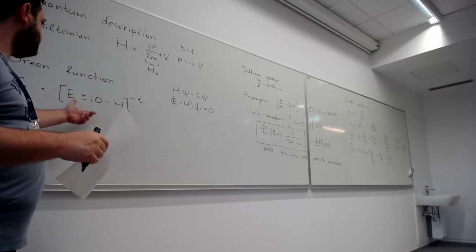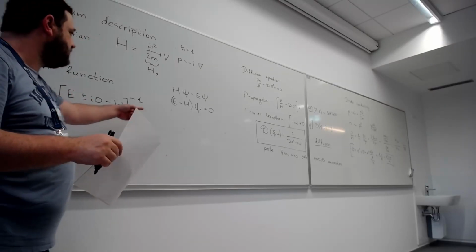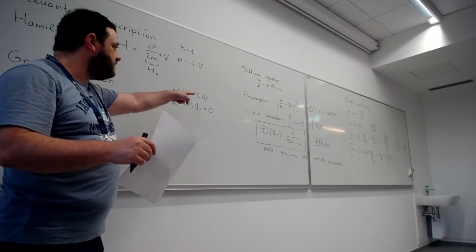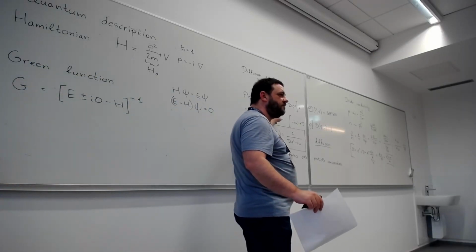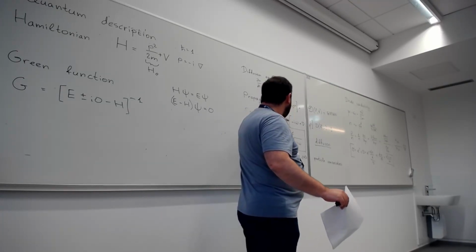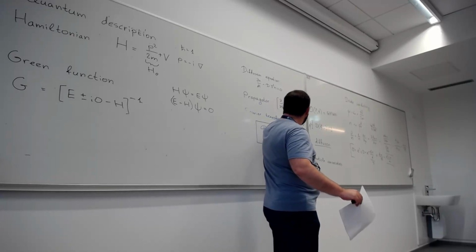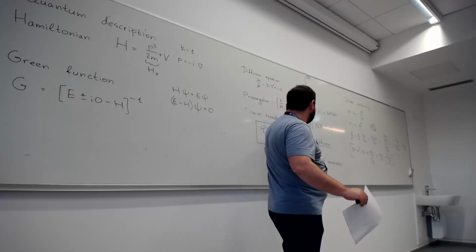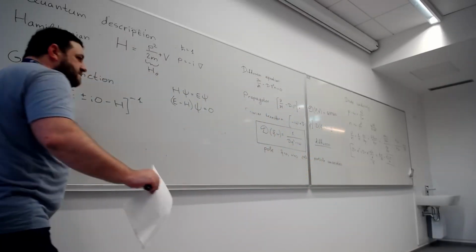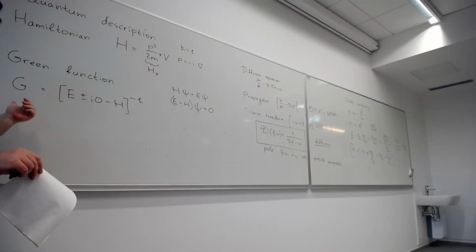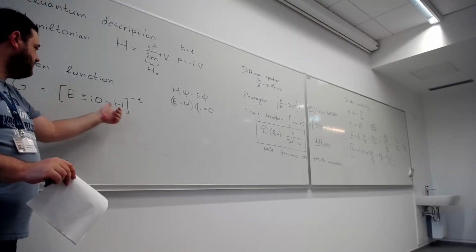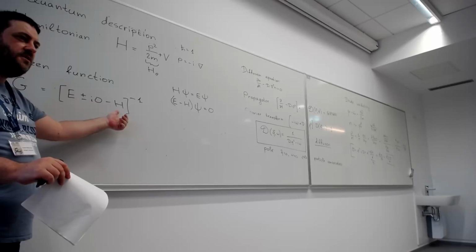And G is the operator which is inverse to the one staying here. So it's very similar to what we call the propagator for the classical equation. We have a linear equation with 0 on the right-hand side, and we take this operator and want to invert it, so we replace it with a delta function. So Green function is the propagator of the Schrödinger equation, or it's an operator which is inverse to energy minus H.